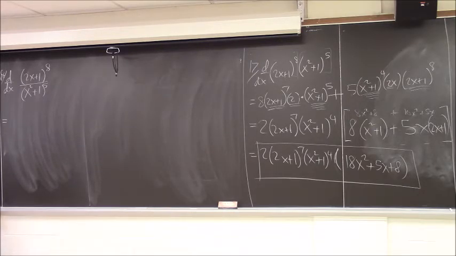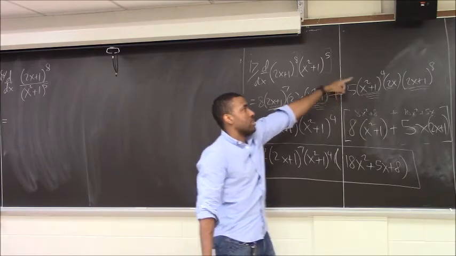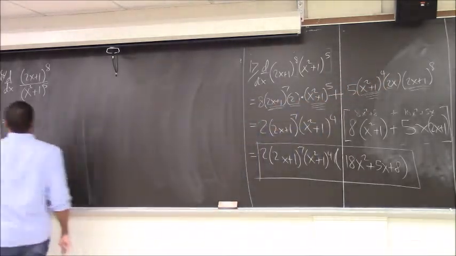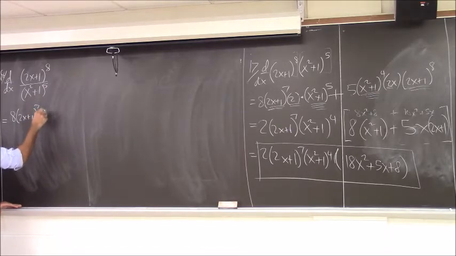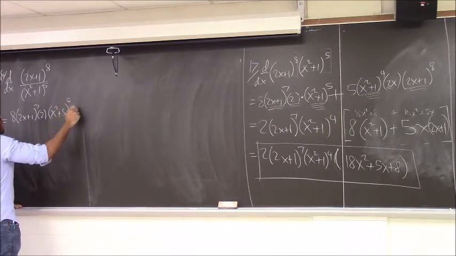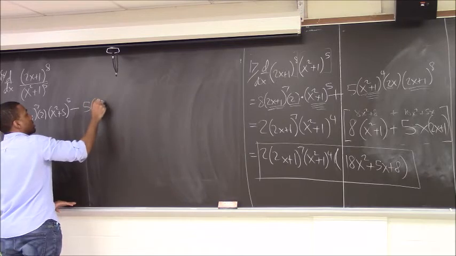Well, it's the bottom times the derivative of the top, right? Which is kind of going to be this, minus the top times the derivative of the bottom. It's going to be exactly this, except the middle sign is going to change. So you take the derivative of this guy times that guy, x squared plus 1 to the 5th, minus, that's where the difference is going to come. Now you take the derivative of the denominator.